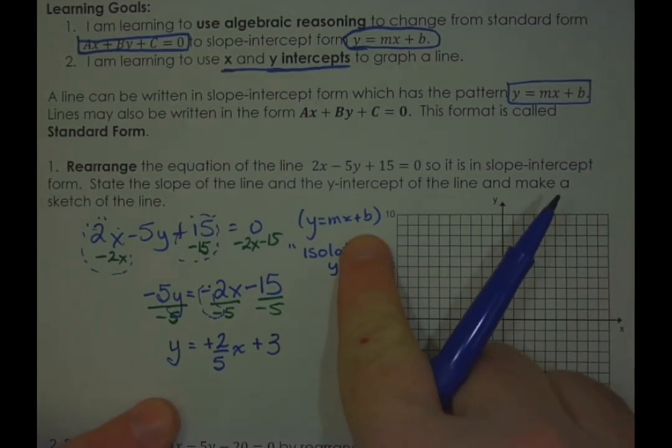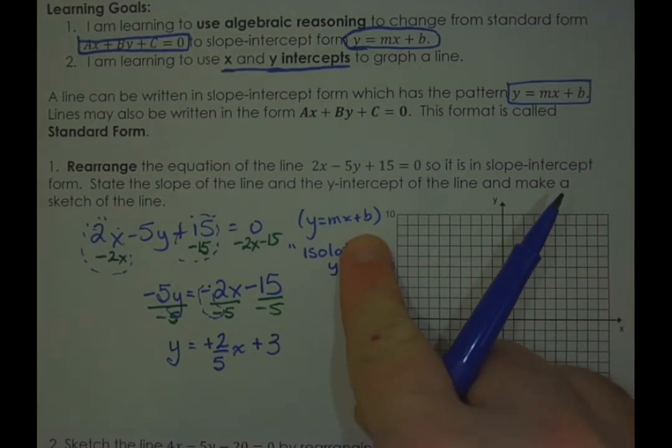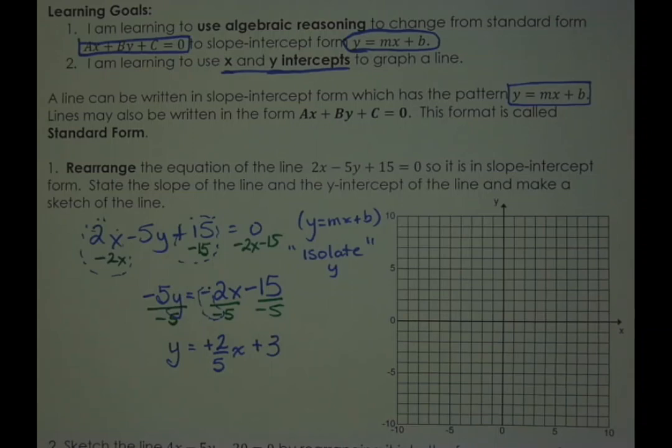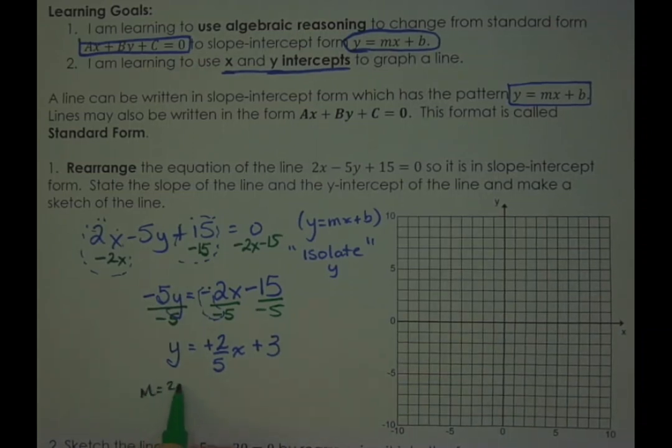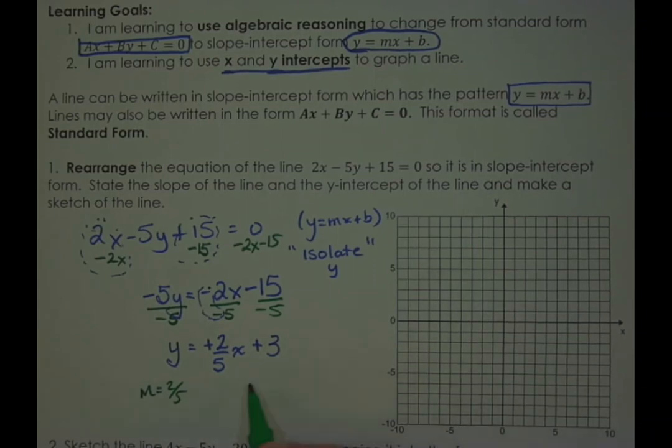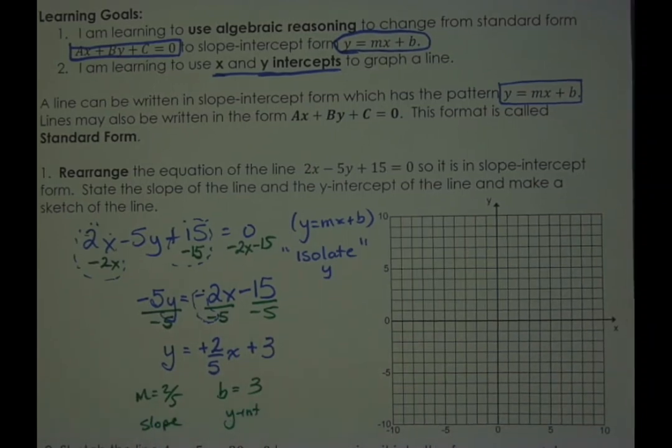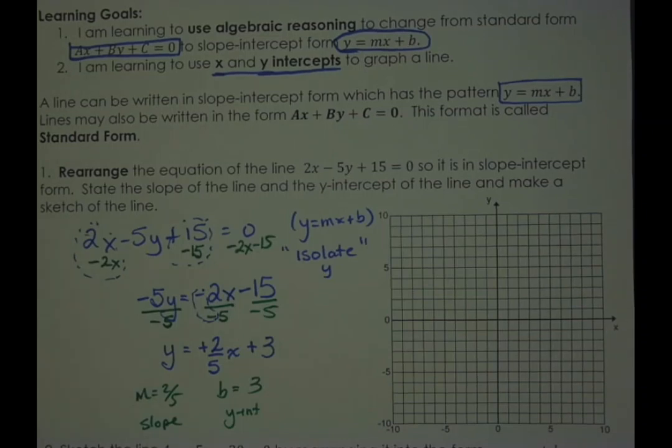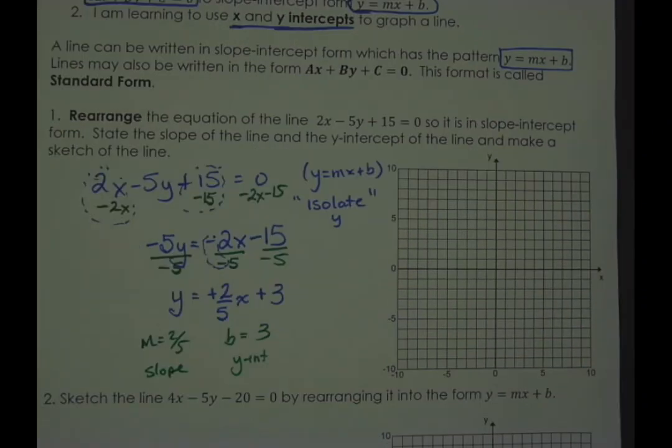Well, that looks like that form. And we know from previous learning that our slope is 2/5, and we know our y-intercept is 3. And from there, what I can do is graph my line. So now we're able to graph our line.